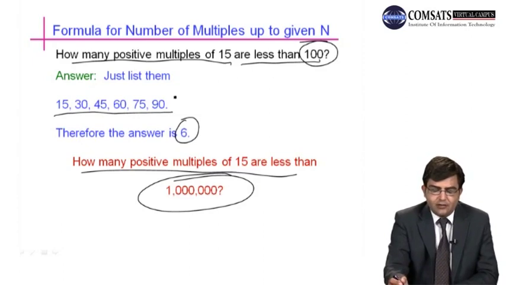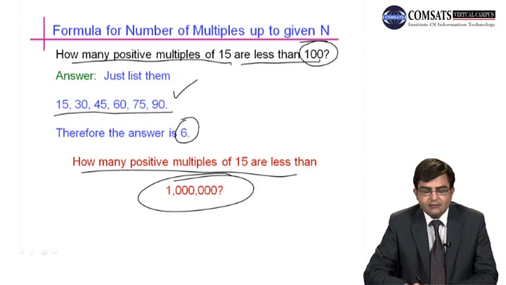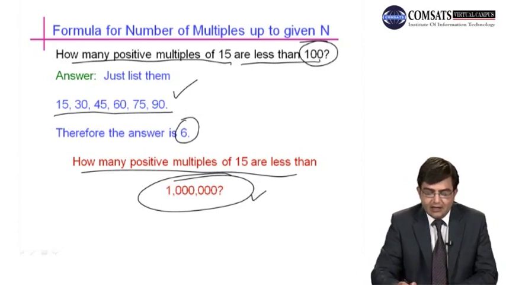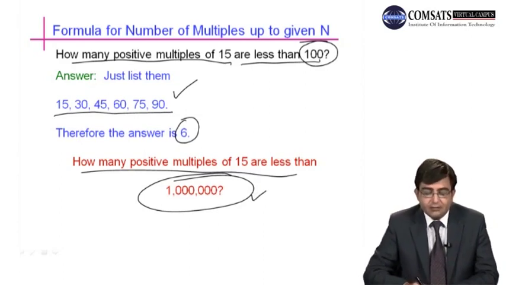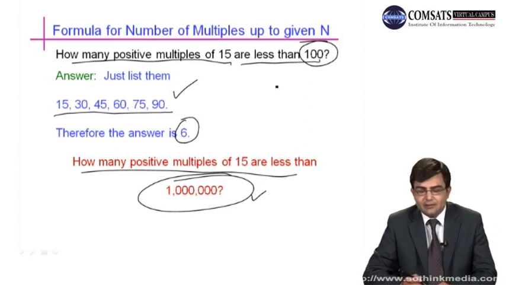One method is to just list all the multiples of 15 which are less than the number, but if we start listing the multiples of 15, it will take a long time. So we need to develop some algorithm or some method by which we can simply find the multiples of some number which are less than some other number.